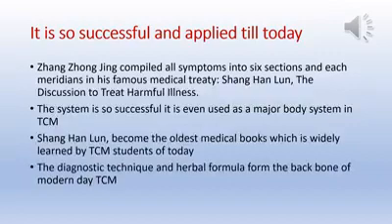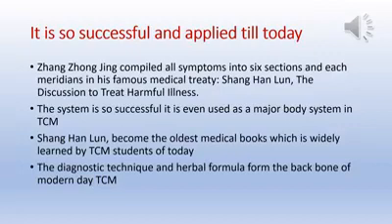The 12 meridian system is so successful and is even applied until today. And Zhang Zhongjing compiled all the symptoms into 6 sections, and each meridian, in his famous medical treatise, the Shang Han Lun, the discussion to treat harmful disease. I'm going to have a series on this Shang Han Lun in a separate training for when you want to learn about herbs and formulation.